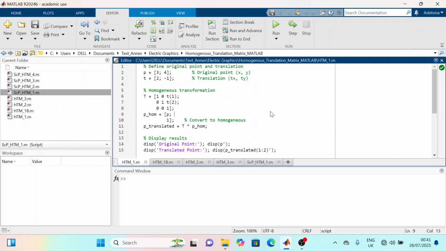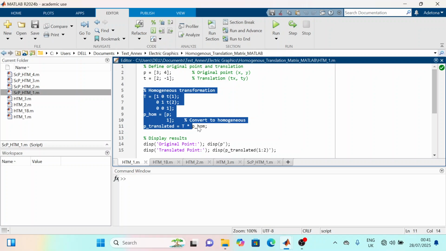Then, for us to be able to move the object that we have created here 2 units away in direction of x-axis and minus 1 unit away in direction of y-axis, we are now making use of homogeneous transformation matrix, which is covered here. This is a homogeneous transformation matrix, as we have stated in our discussion before now.